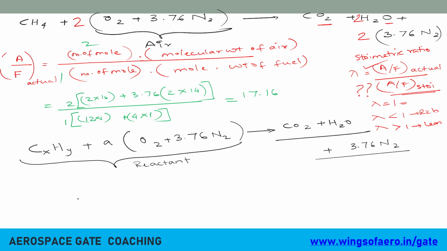So we have one formula to find the actual value of a: a is equal to x plus y by 4. Once you know the balance of this, you can balance the remaining ones. This is the formula of a, and this is a general equation.